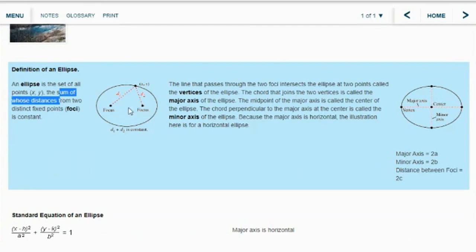An ellipse has two focus points. And if you add the distance between this point and those two focus points, it's always going to be the same distance when you add those two together. And that's the definition. A circle is the set of all points the same distance from one point, which is the center, but an ellipse has 2 points.